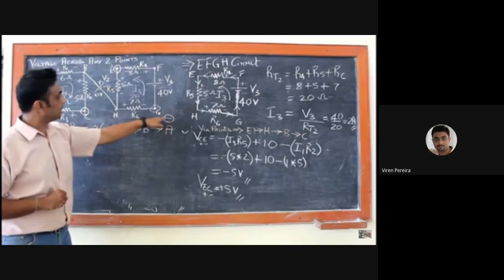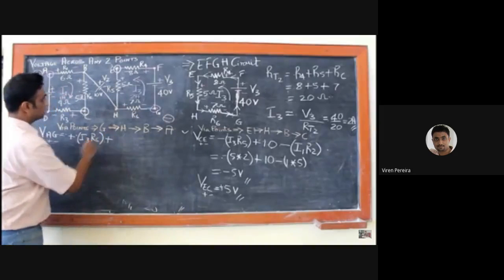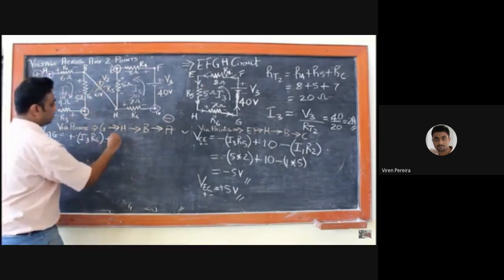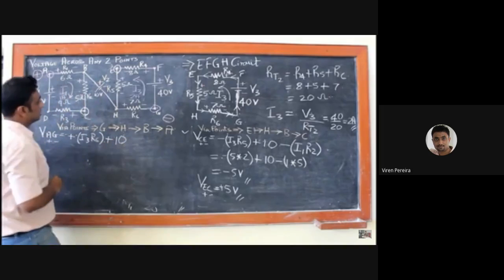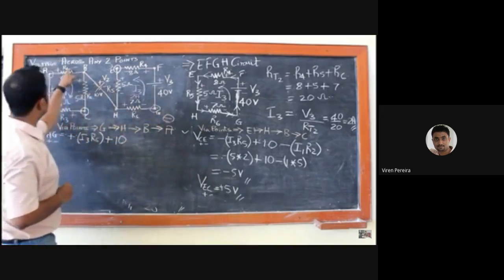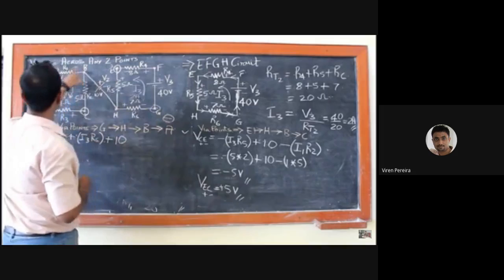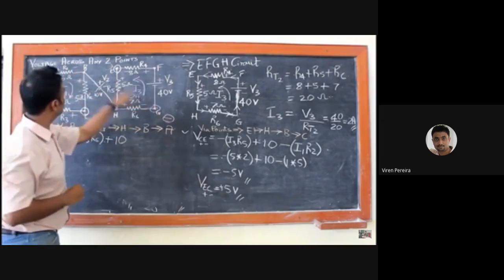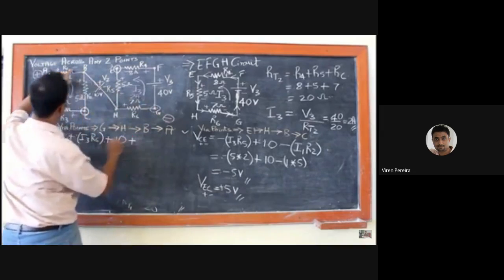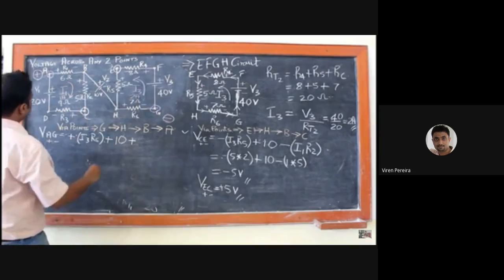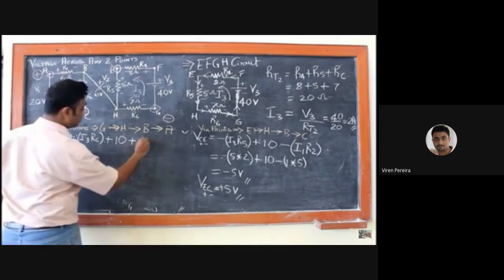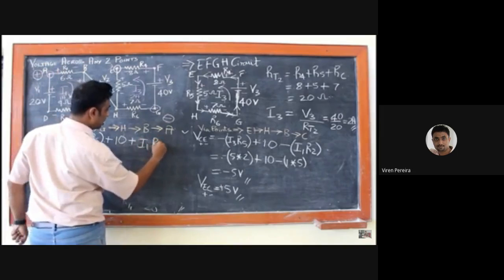So negative into negative, positive. V2 value I already know, it is 10 volts. Then from B to A, negative into negative, first terminal is positive, which is I1 into R.